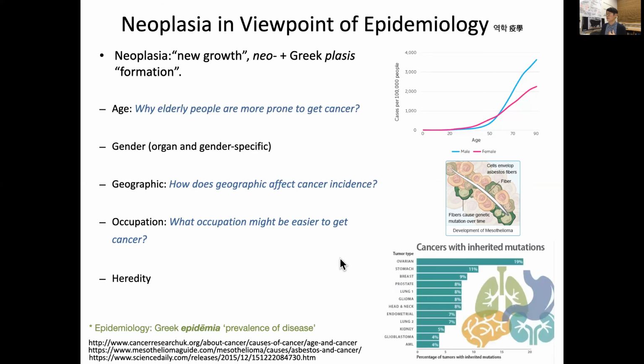So here is some data about cancers having inherited mutations. Some types of cancer, such as ovarian cancer, have a high share, even 19% of ovarian cancer having an inherited mutation. So heredity matters, but not for all cancer types. You can see, for example, AML, this leukemia, has about 4% attributable to inherited mutation.